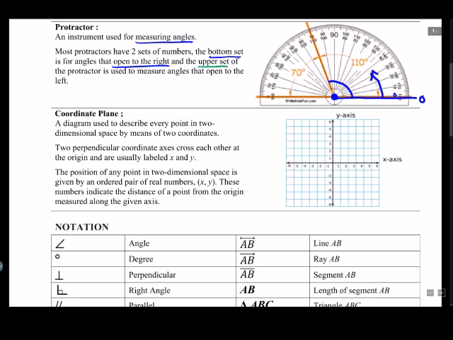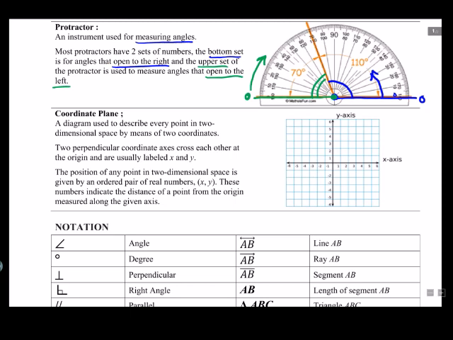The upper set of numbers is used to measure angles that open to the left. So we would still put our vertex on this middle point, and we would line up one of the sides of our angle this way, and there would be 0. This is for angles that open this way. So we would be measuring this angle.